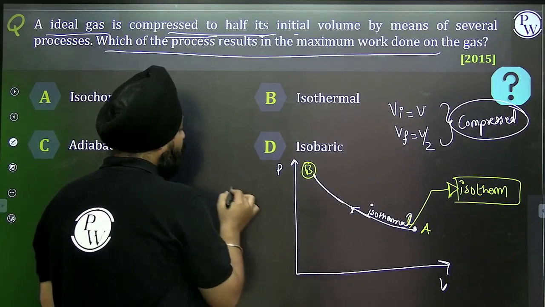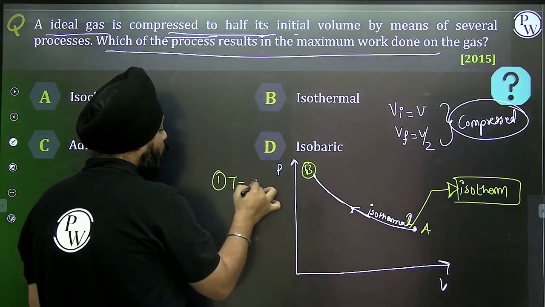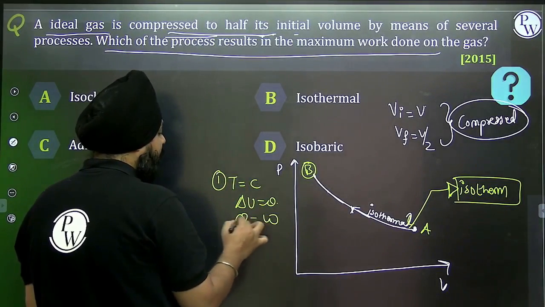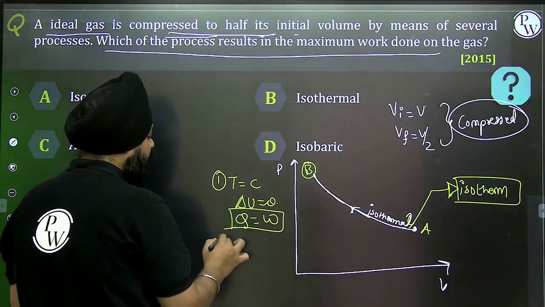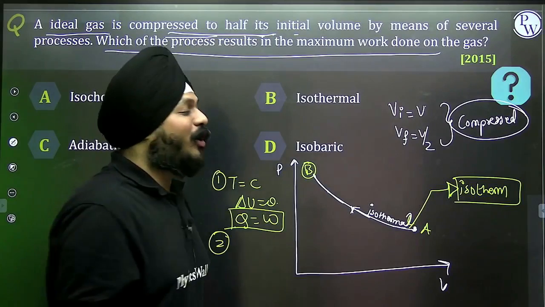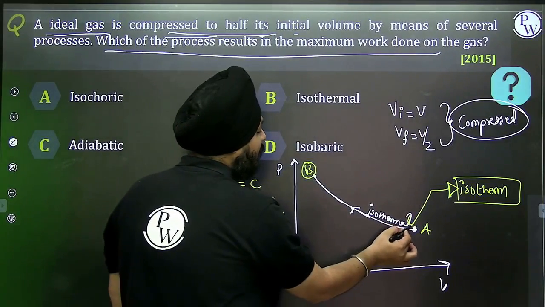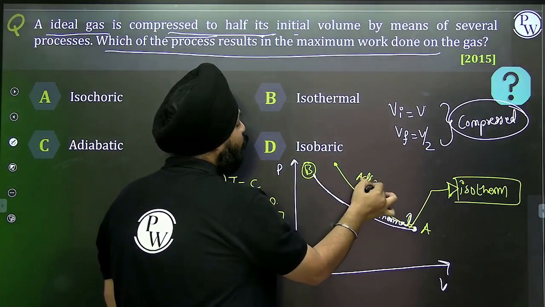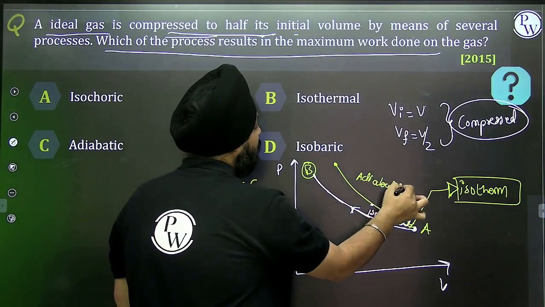In an isothermal process, the temperature of the system is kept constant. Delta U is equal to 0. Whatever heat is supplied, the same amount of work is done. But if I'm talking about the work done for the adiabatic process, it is more as compared to the isothermal process.